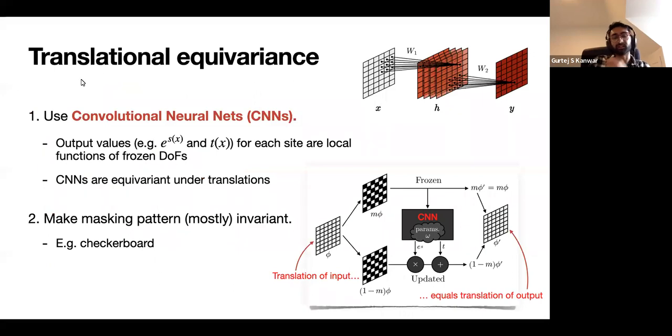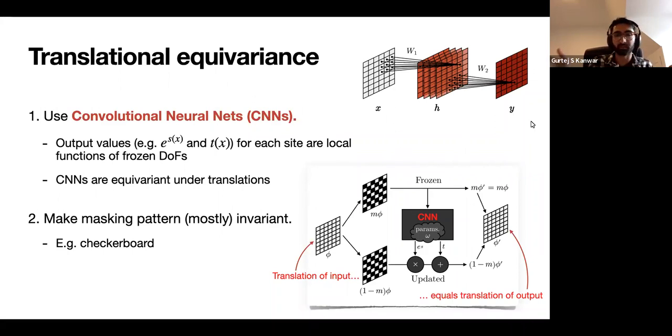So for the goal of translational equivariance, if we're focusing in on this invertible transform and focusing on translational symmetry, this can be achieved very directly by using these convolutional neural networks that I mentioned. The idea being that inside this coupling layer, these parameters that perform some local transformation of one half of the field transform as an appropriate scalar field under translations, just as the input to this convolutional network transforms.